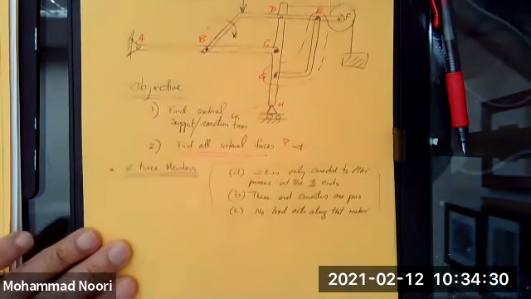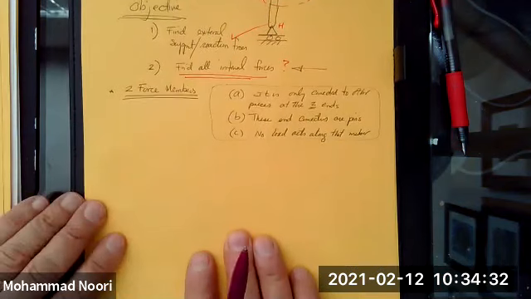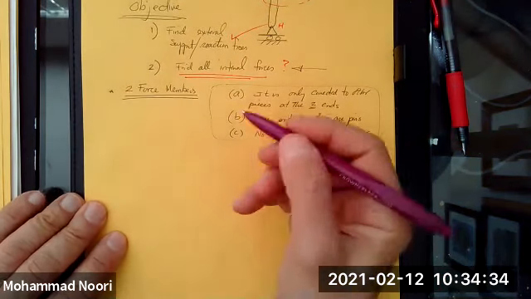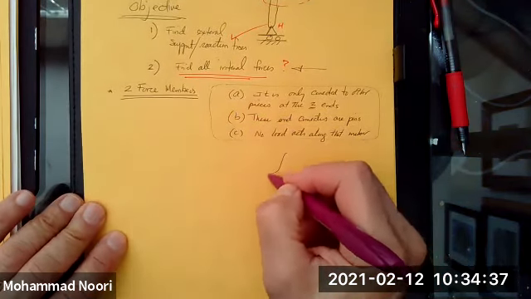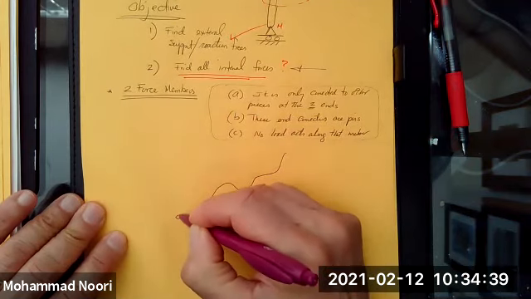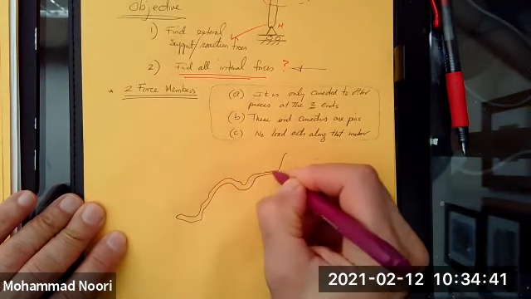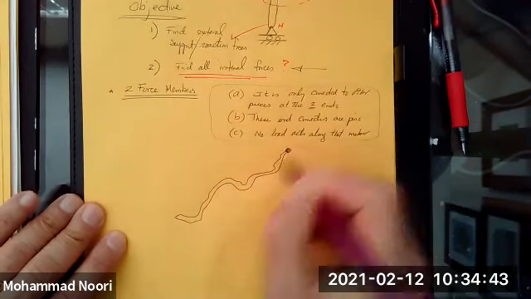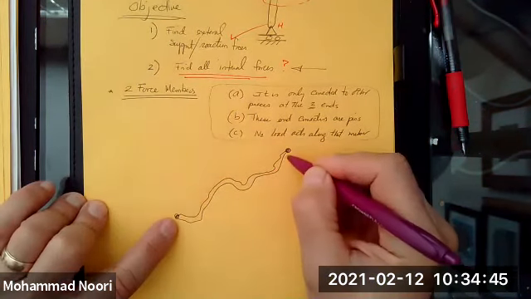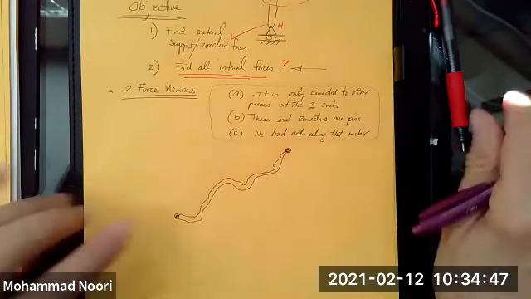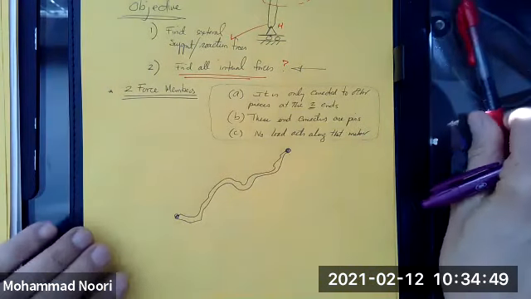So what happens if you have a two-force member? Let's say you have a two-force member of any shape, right? Doesn't matter what the shape is. As long as it is only connected at the two ends, these two are pins, and no load acts along this member.